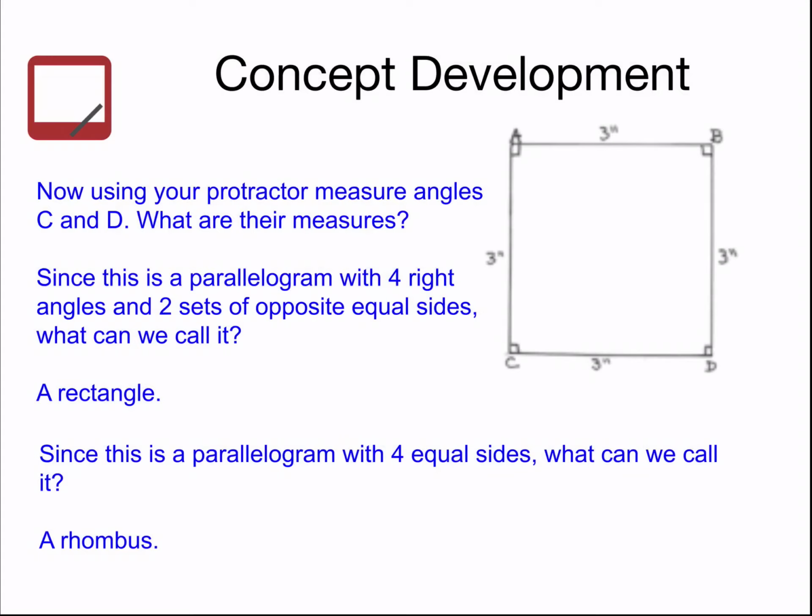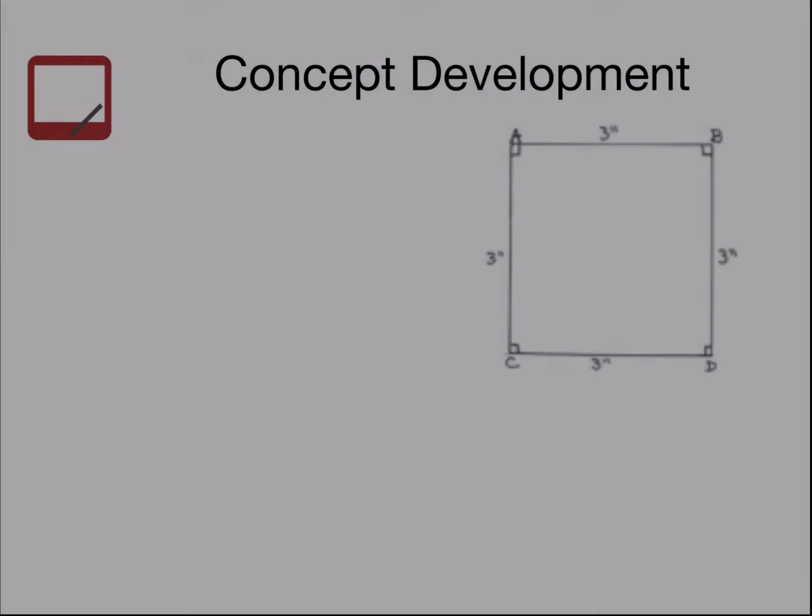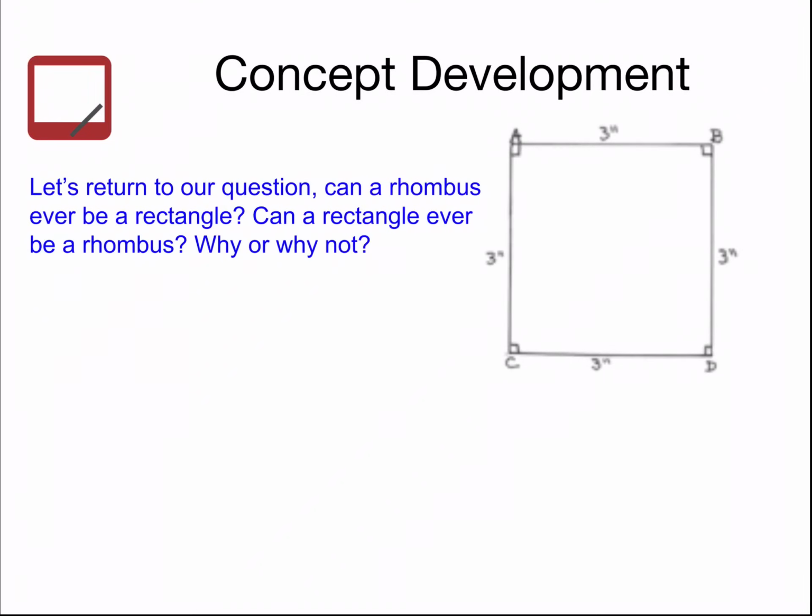So yeah, it's a square, but it's also a rectangle because it's a parallelogram with 4 right angles and 2 sets of opposite equal sides. Since this is a parallelogram with 4 equal sides, it can also be called a rhombus. Very good. So we have a rectangle, a rhombus, and a square.